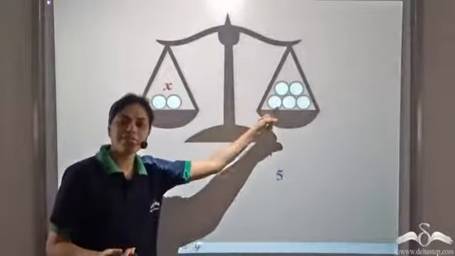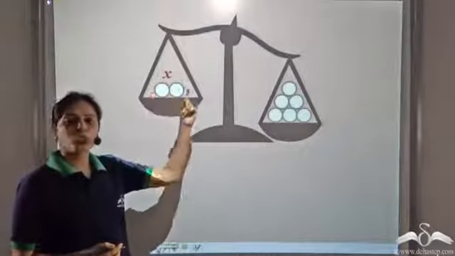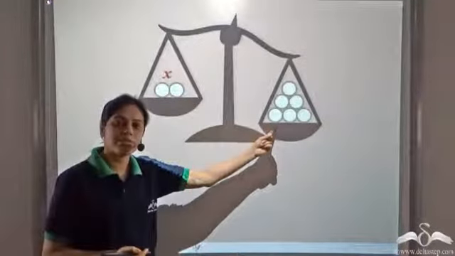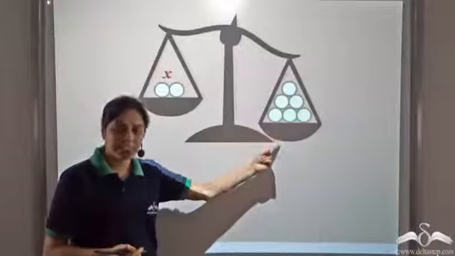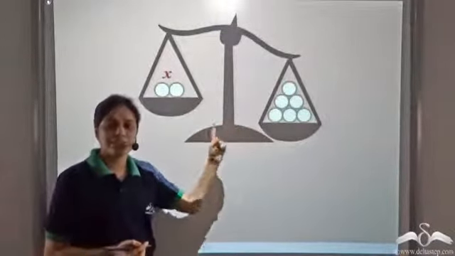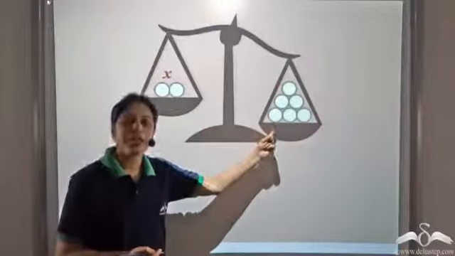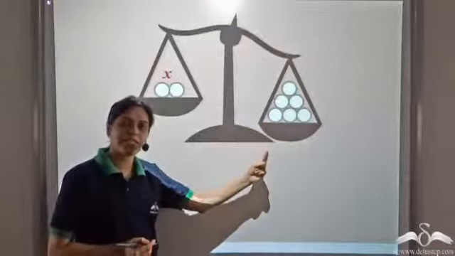So here we'll have 6 balls. So we have x and 2 balls here and 6 balls here. We have added a ball to the right hand side and hence the scale becomes unbalanced. Initially it was balanced, but on adding a ball on the right hand side, it has become unbalanced.